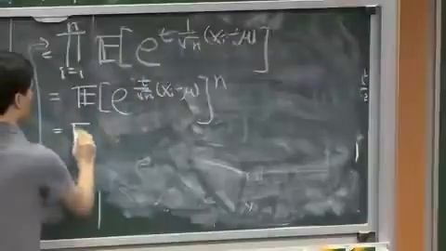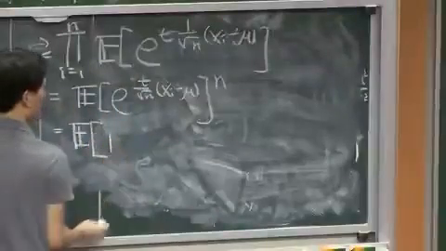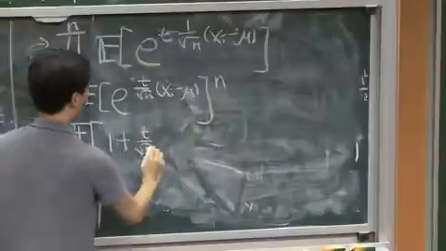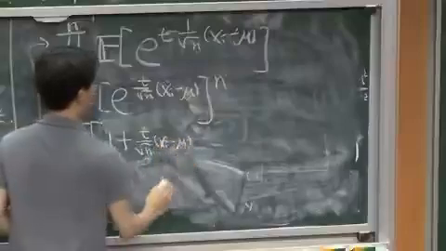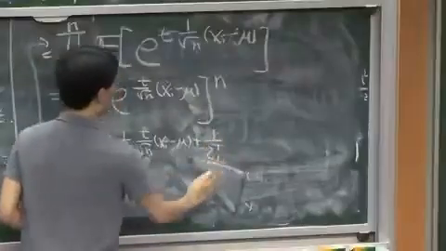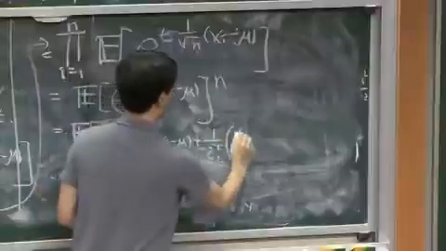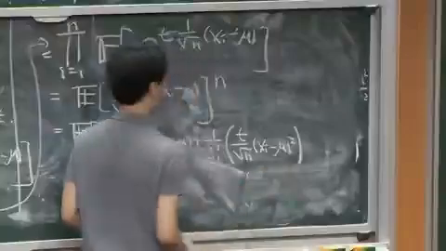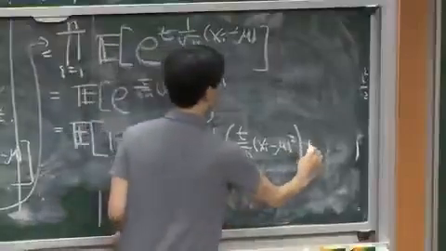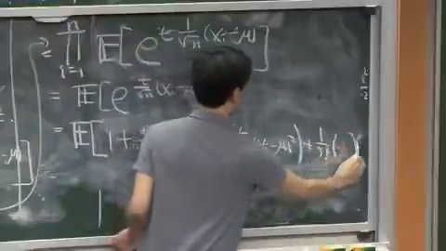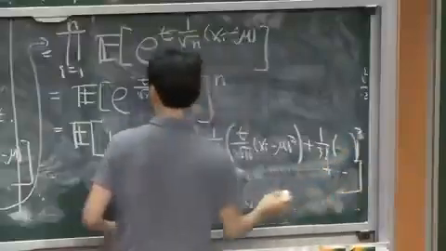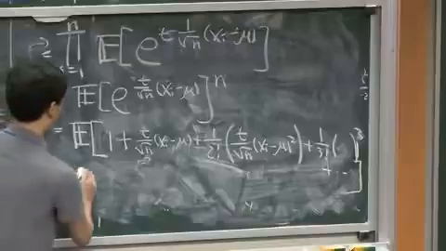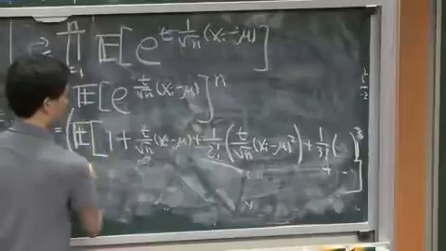What we get is the expectation of 1 plus t over square root n (Xi minus mu), plus 1 over 2 factorial, t over square root n (Xi minus mu) squared, plus 1 over 3 factorial, that cubed, plus so on, all to the nth power.